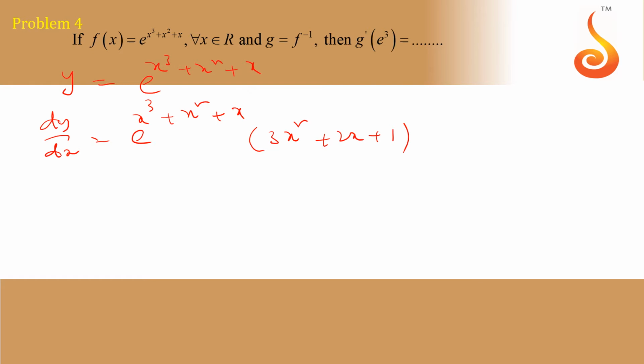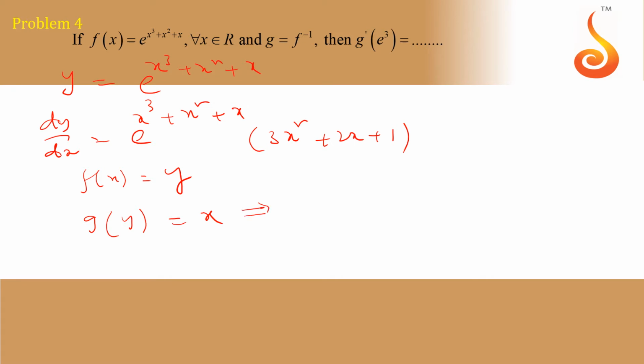Now you have f of x equals y, and g is a function which is the inverse, so that's why g of y will be x.